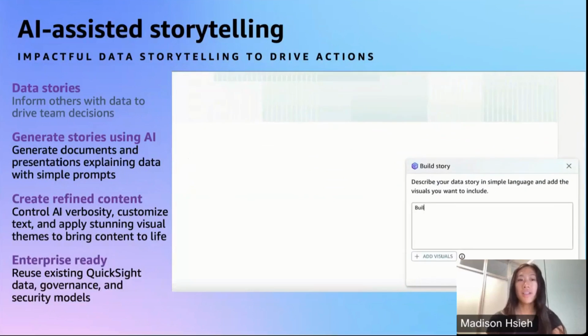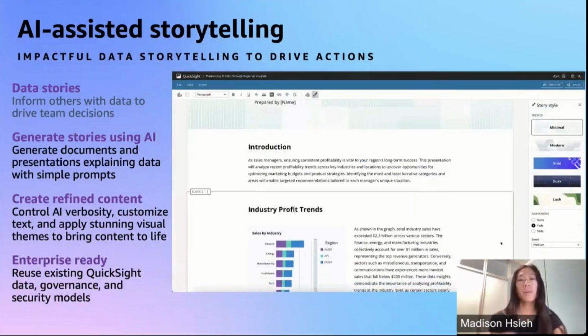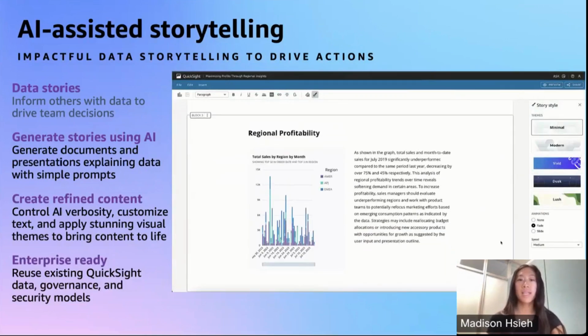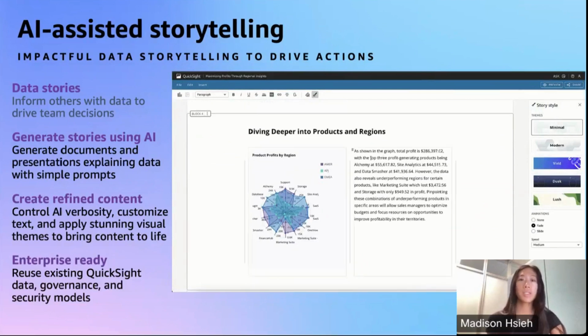Okay, so first off is our AI storytelling. You can see here on the GIF that's playing that you can type in natural language, from any dashboard that you have, a prompt of what you want your story to be about. So say something like, we want to write a sales pitch on how we're going to expand our regional sales in EMEA or something like that.